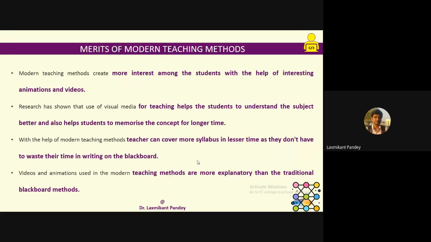Lots of time gets wasted that way, and that time can be utilized for completing your syllabus at a fast pace. Then, videos and animations used in modern teaching methods are more explanatory than the traditional blackboard method. That's very true, because if you use animated videos, you can explain topics in a very effective way among the students. Next.